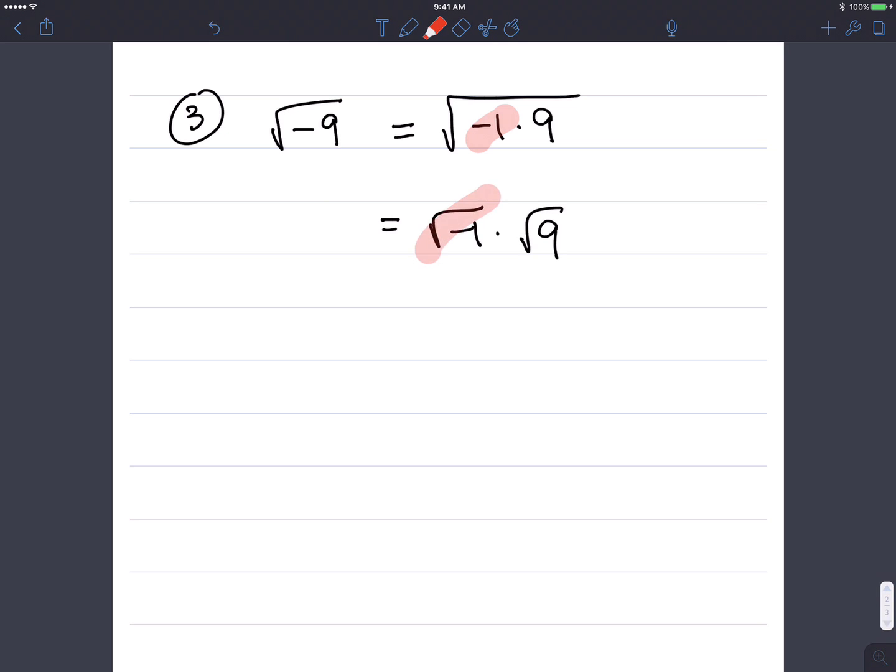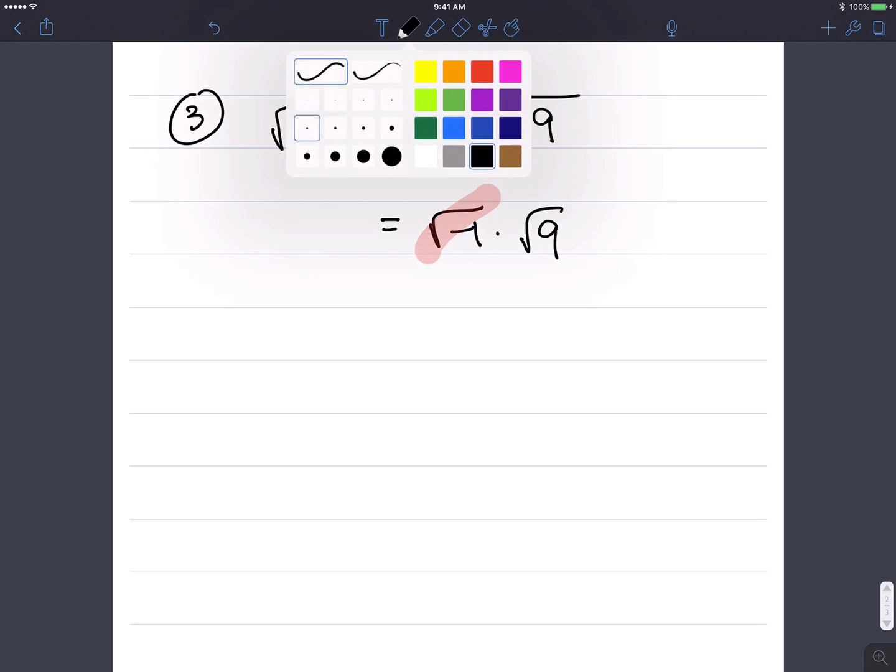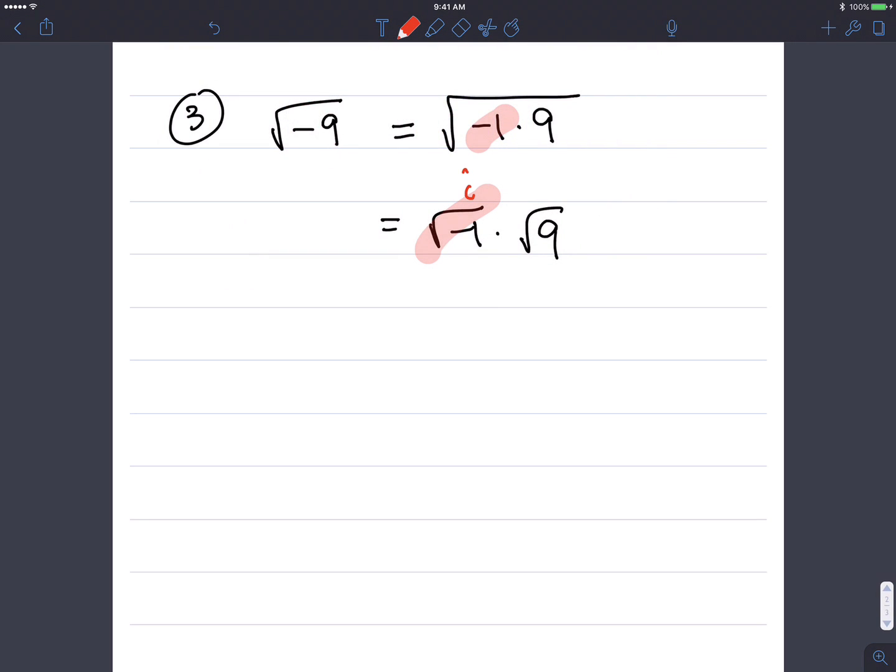Whenever I see the square root of -1, I replace it with i. The square root of 9 is the value 3. We can write it as i times 3, or 3 times i. It's really actually 3i. We're done.